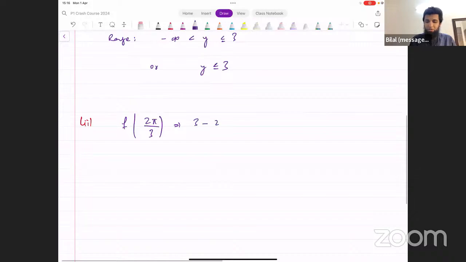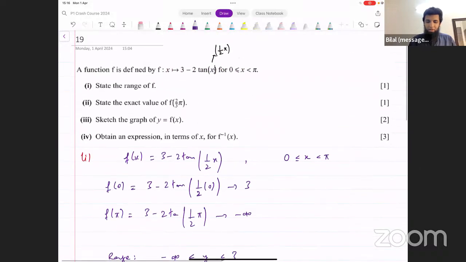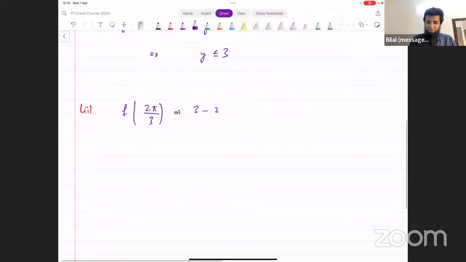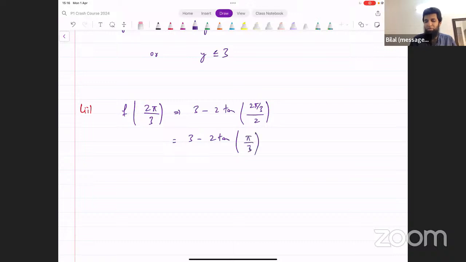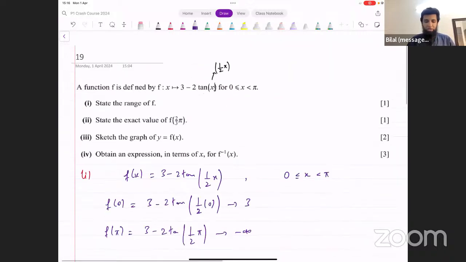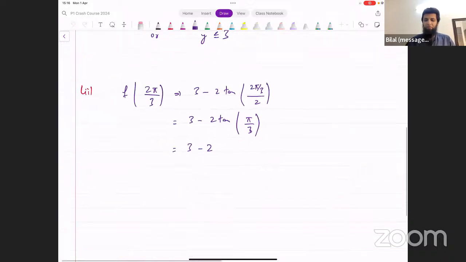3 minus 2 into tan of x over 2. So you can say 2 pi over 3 divided by 2. Now that gives you 3 minus 2 into tan of 2 pi over 6, or you can say pi over 3. I'll just evaluate that on your calculator and see what that gives you. 3 minus 2 into tan of pi over 3.